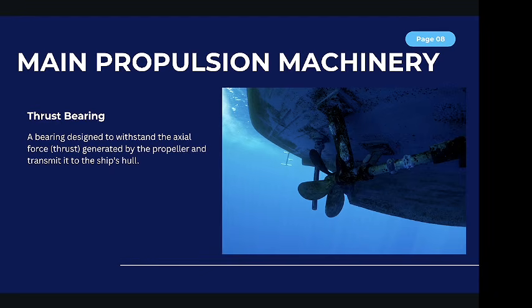It essentially absorbs the thrust from the propeller shaft and transfers it to the ship's structure, preventing the engine's crankshaft from being subjected to the force. This thrust bearing is typically positioned at the aft end of the main engine shaft, where it can effectively transfer the thrust to the ship's hull.